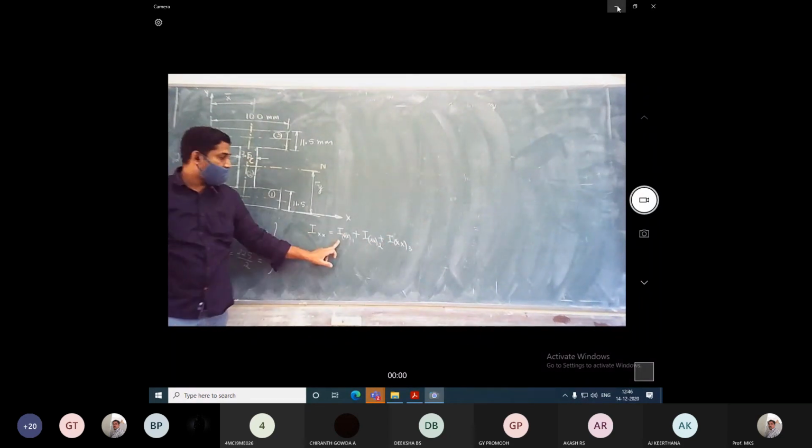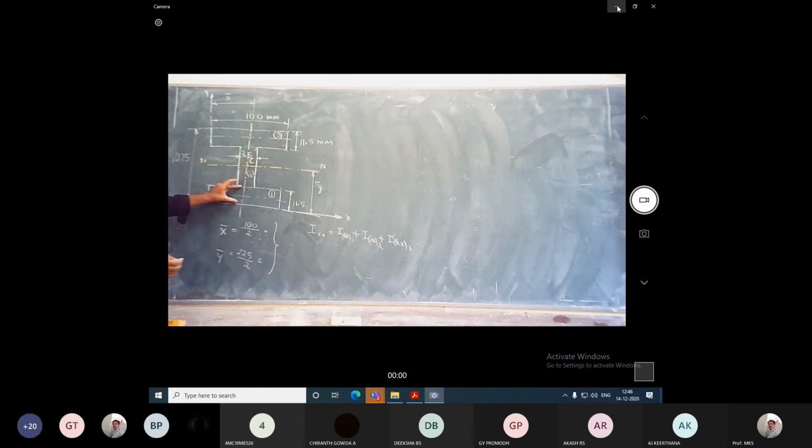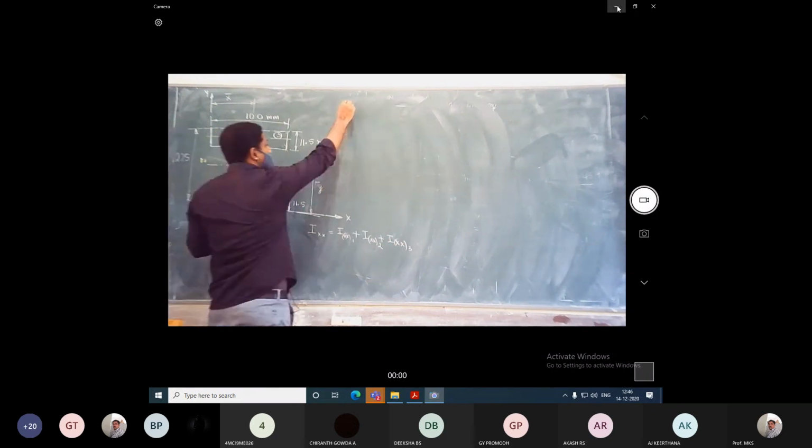Individually, I need to find the moment of inertia for the bottom flange, top flange and central web. So let me find out the procedure.